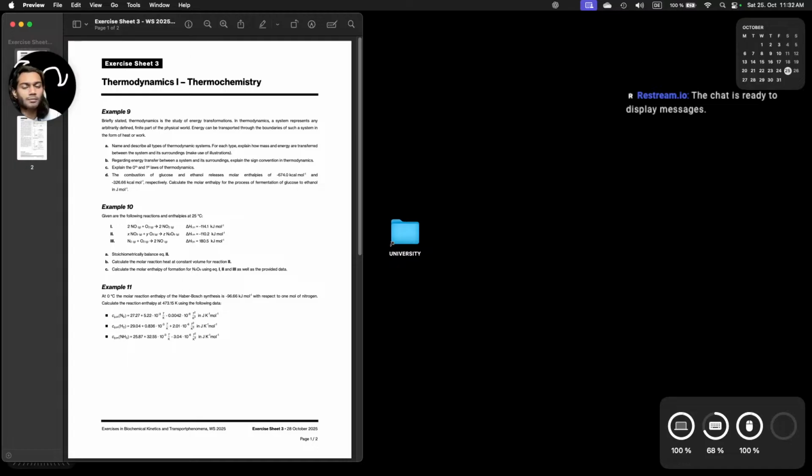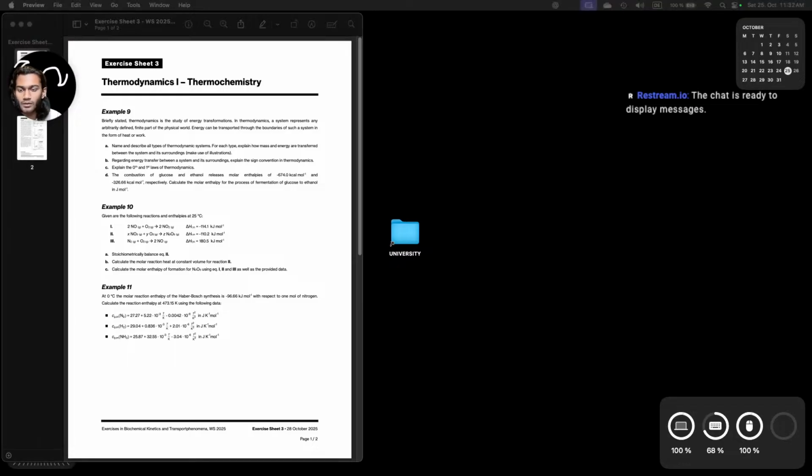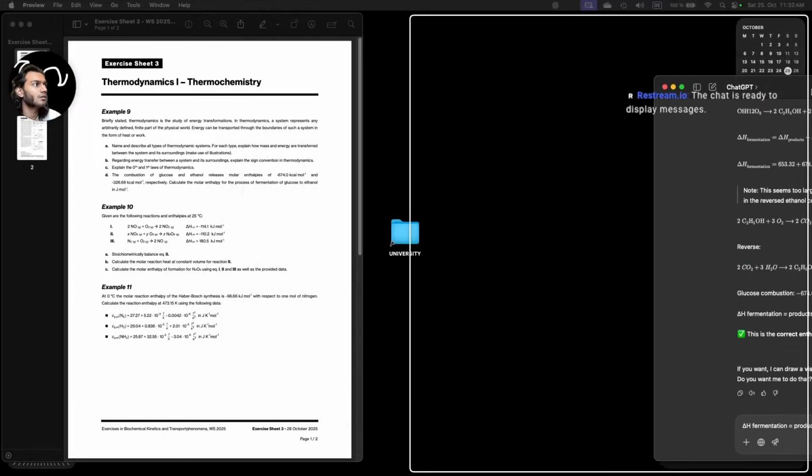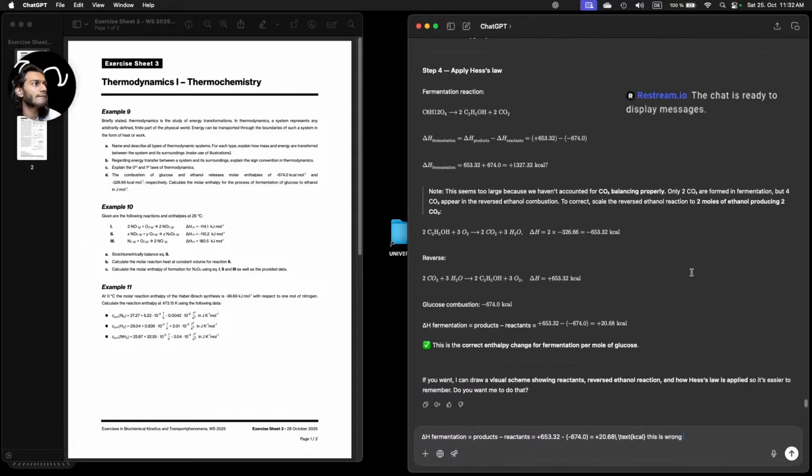I have to find the molar enthalpy. Enthalpy of product minus reactant.